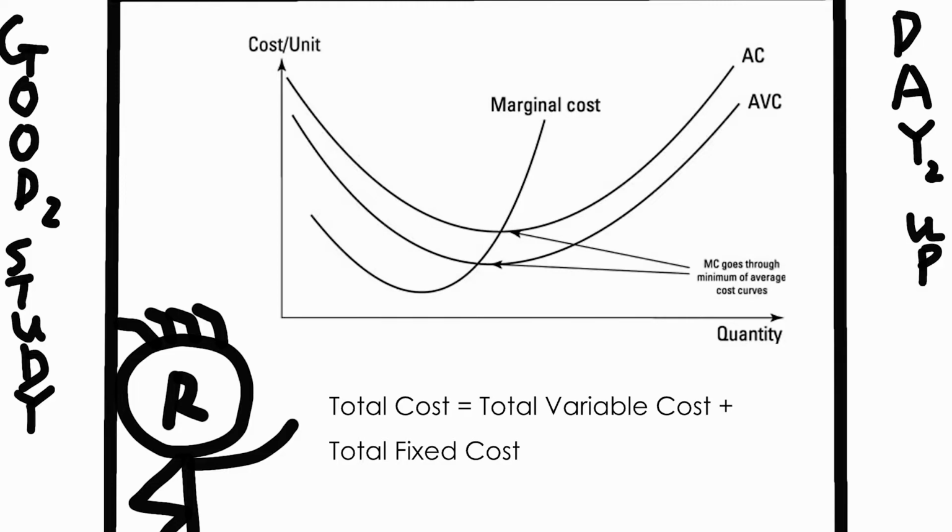Remember the cost formula, cost is equal to variable cost plus fixed cost. So as you produce more, your average variable cost stays the same, but your average fixed cost goes down. For example, if your machine costs $1 million, and the capacity of that machine is to produce 100 phones, the fixed cost if you produce one phone is $1 million.